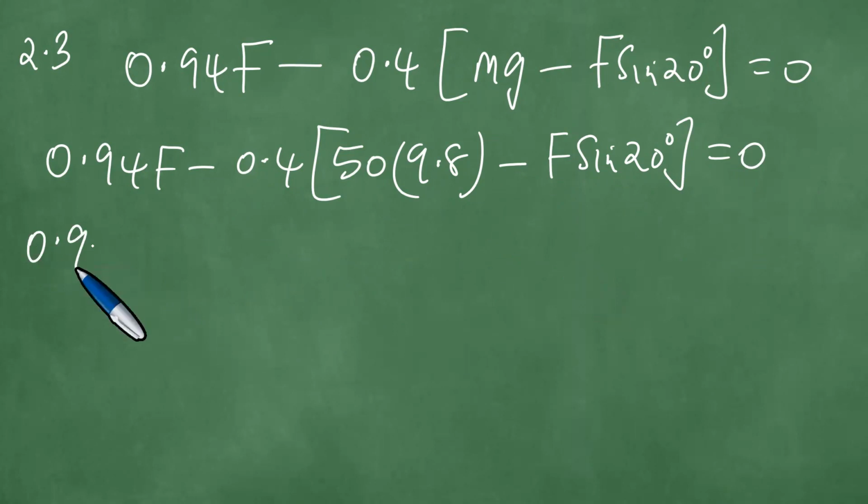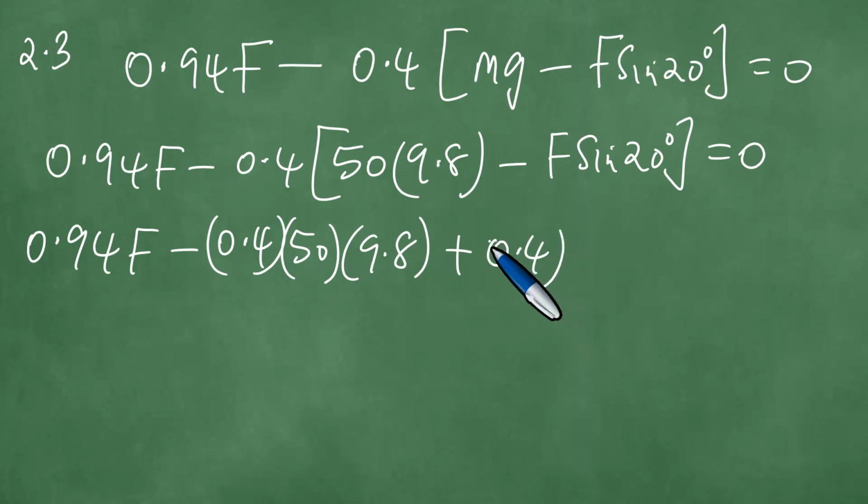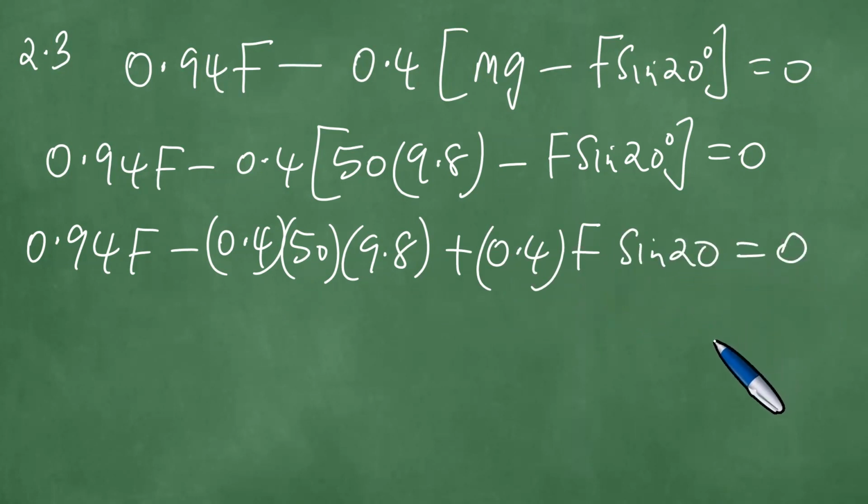So you have 0.4 into 50, 9.8, and then negative by negative is plus 0.4 F sine 20, which equals 0.